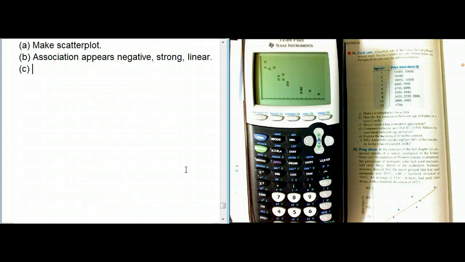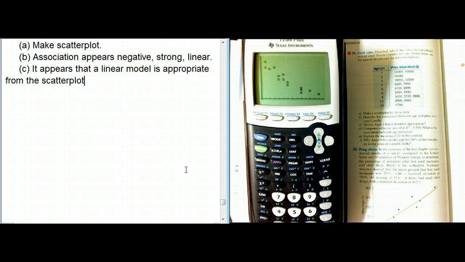Okay, so that looks good. And part C says, do you think a linear model is appropriate? Well, we already answered that. It appears that a linear model is appropriate from the scatter plot. Although, as I said, I think we want to say a little bit more about that later.